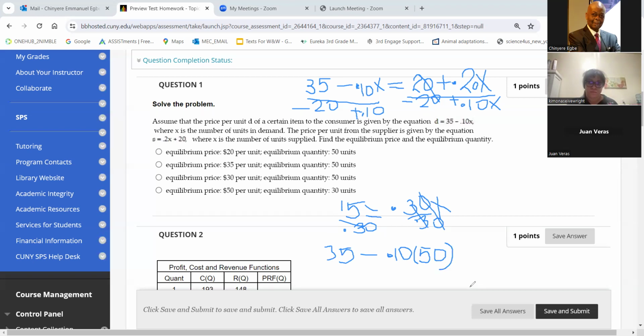What is 0.1 times 50? Solve it in your calculator. 0.10 times 50. What do you get? I got 5. Okay, 35 minus 5 is what? 30. Very good.